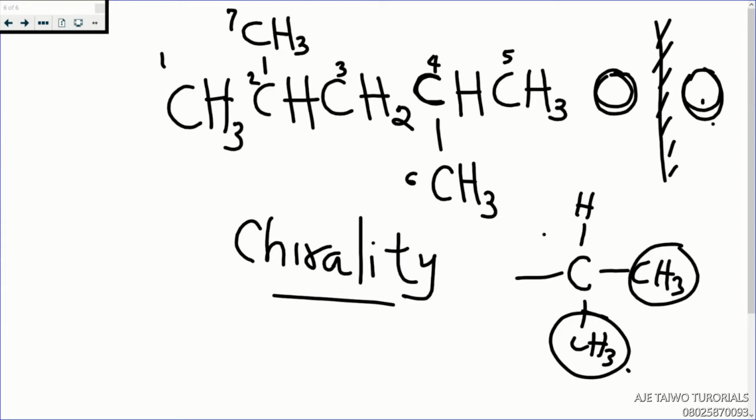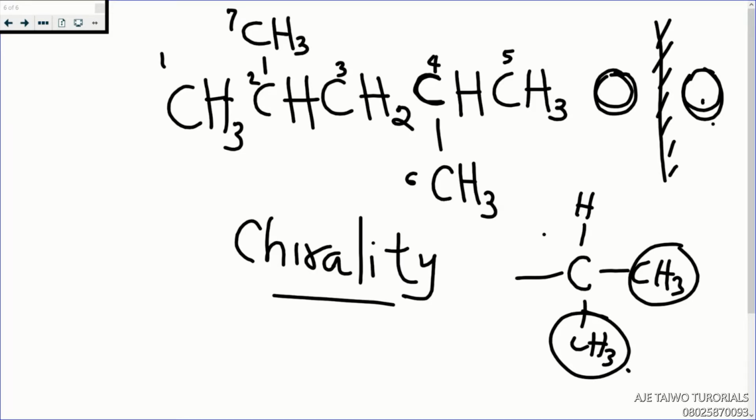That means you can differentiate the image and the object. You can say, okay, this is the object, this is the image, because they are not the same thing.